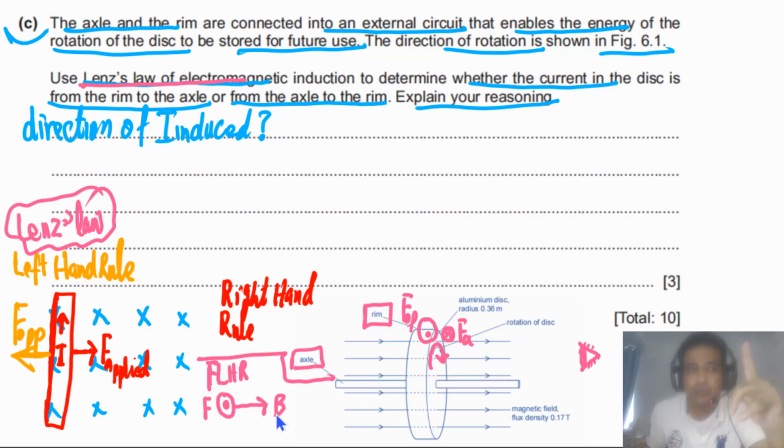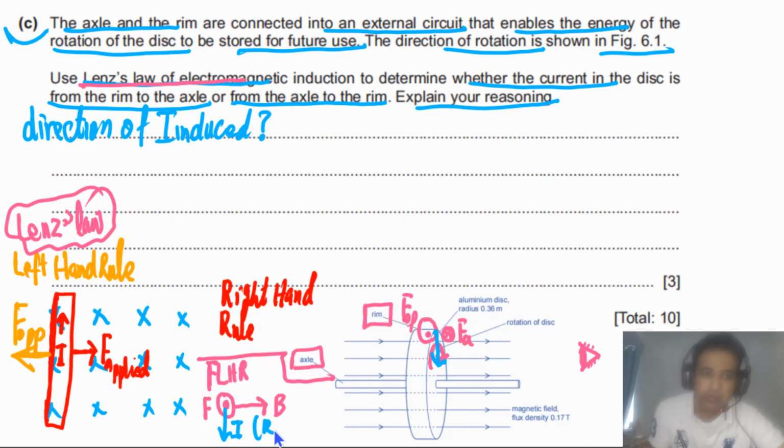So the opposing force is out of the page, so it means it is pointing towards me out of the screen. And magnetic field is to the right. So current is in the downward direction. So let me use different colors. So it means current is down here. So this is the direction of current. So let me also draw this arrow here. So this is the direction of current. So it means current is from rim to the axle.